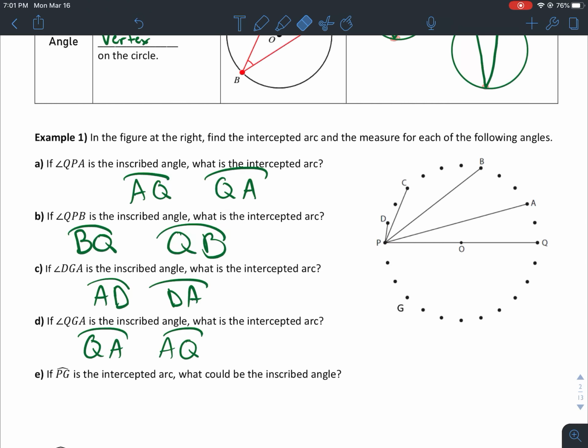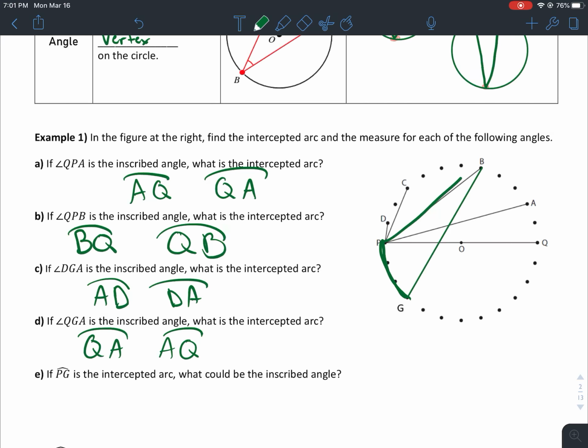Then the last one, if PG is the intercepted arc, what could be the inscribed angle? So let's take a look at that. If PG is our arc, we actually have quite a few options for our angle. There's actually several you could give me. I'm just going to give you some examples of what you may have given me.